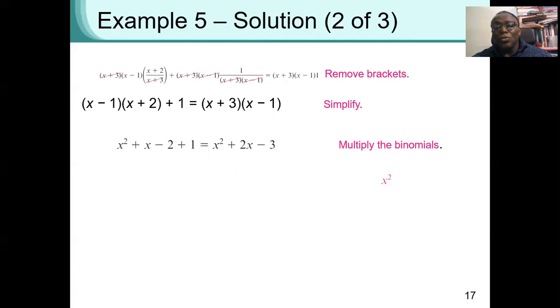Then later on, we can combine the like terms. Luckily, look what is going on. We have only s squared here, s squared here. So we use minus s squared here. That will cancel the s squared out. So after we cancel the s squared out, we get s minus 2 plus 1. S minus 2 plus 1 will give me s minus 1, because minus 2 plus 1 will give me minus 1.